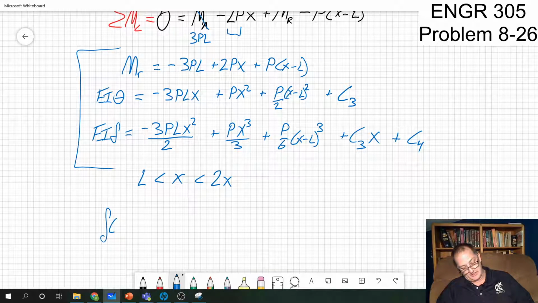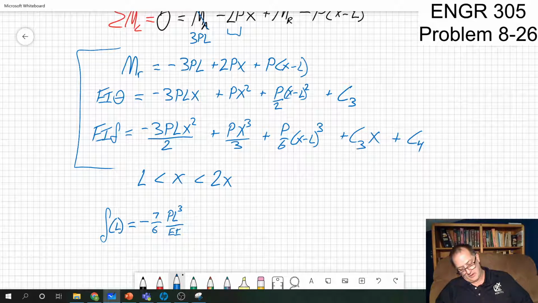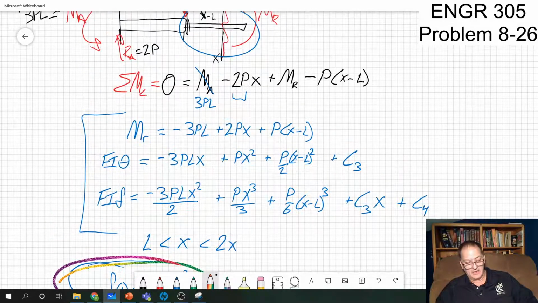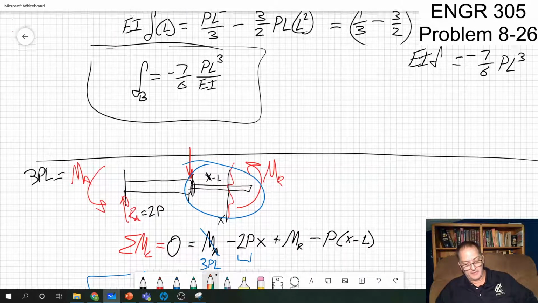And that is delta at L is equal to minus 7/6 PL cubed over EI. Where did I come up with that? Well, that is what we had up here.